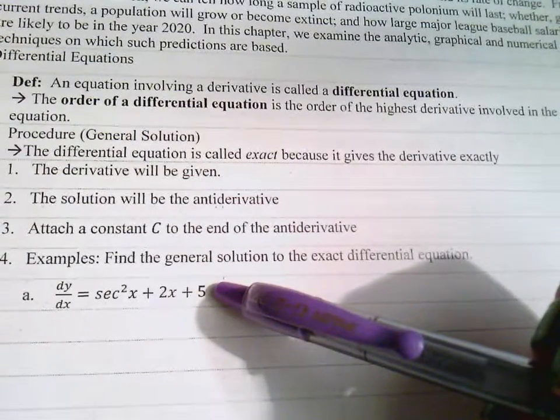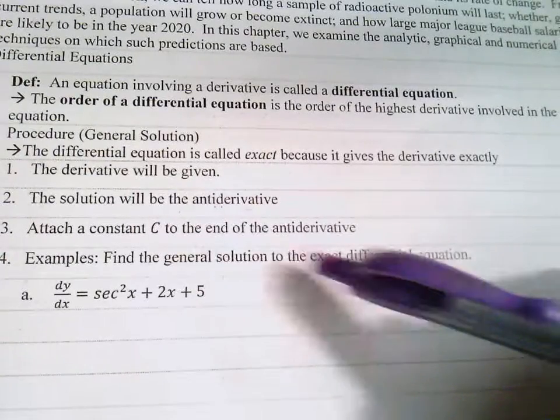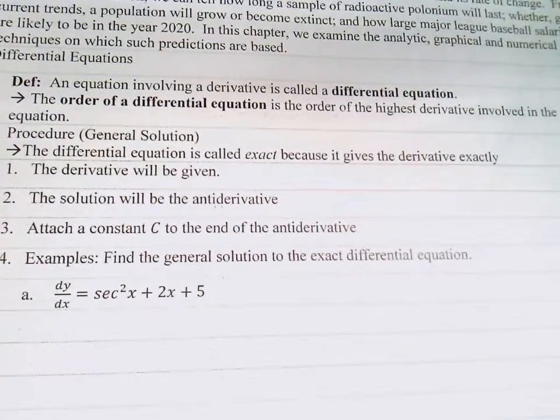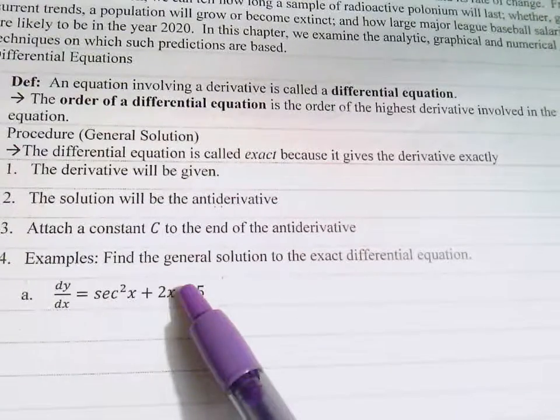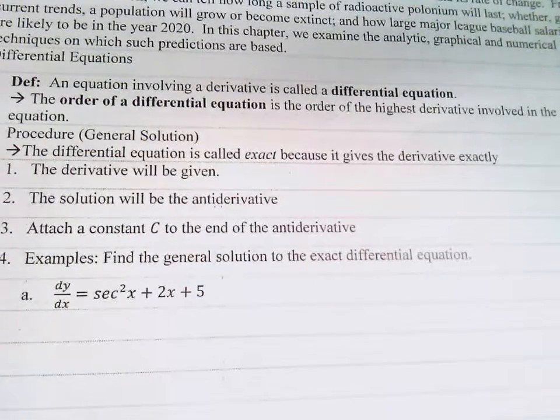Well, what if there's something aside from it? That's where that constant c comes from. So the derivative is given, dy over dx equals that. Then you attach a c to the end of the antiderivative, and you find the general solution to the exact differential equation.